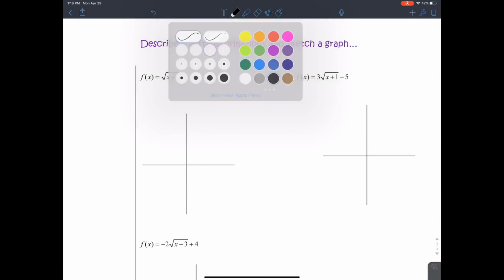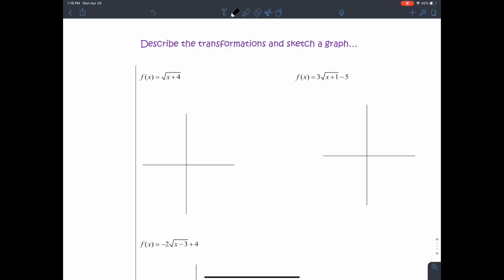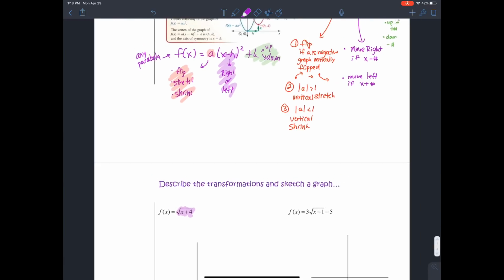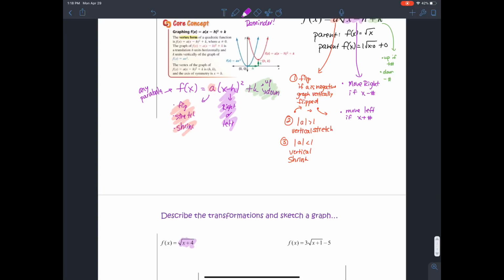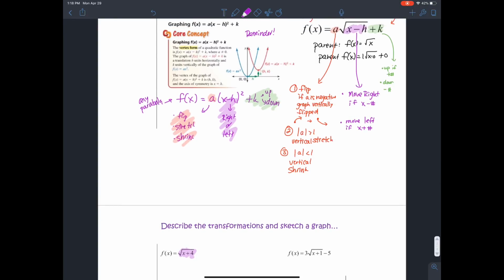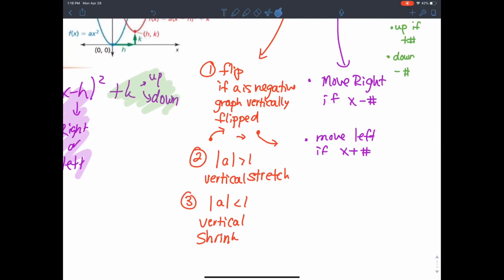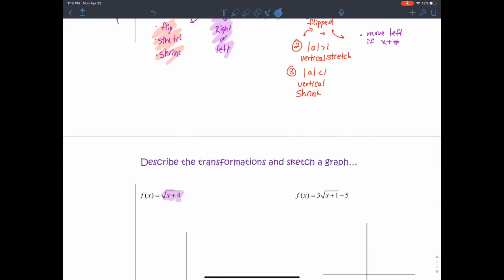So how could we quickly sketch a graph of this by using the transformations? So here we see a number under the square root, and the number under the square root that we wrote in our notes from before should move that graph left or right. So I'm going to see right here, it's going to move left if it's plus a number. So this graph is going to have moved left 4 units.